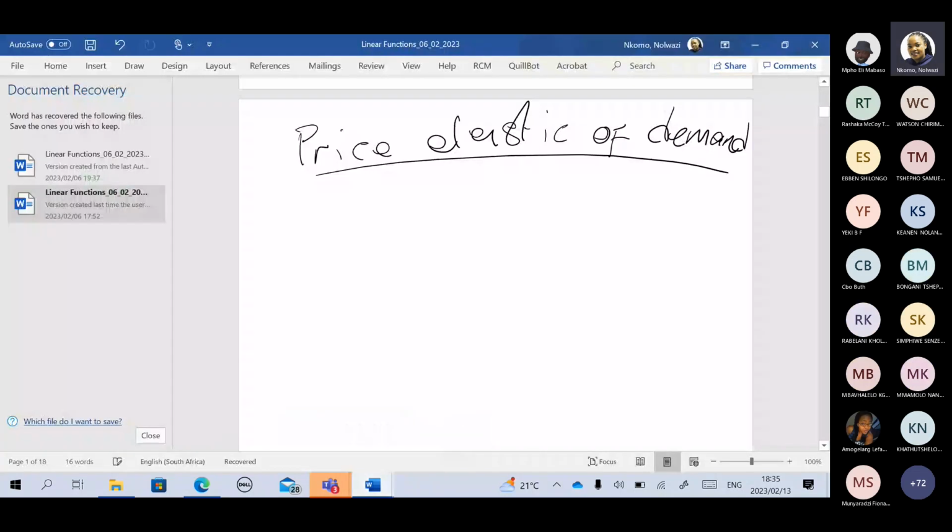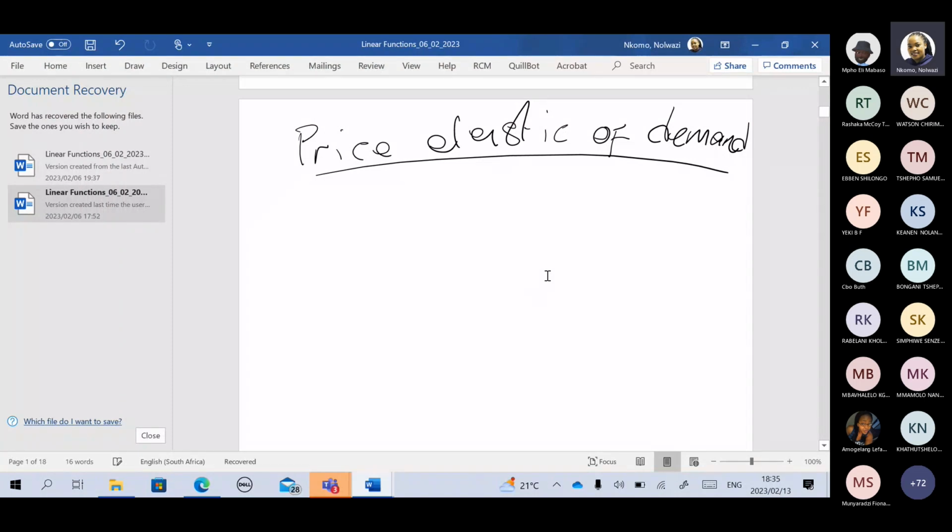Okay, just the basic aim of knowing the price elasticity of demand in a business is that it helps you to know what will happen with the sales if you change the price.